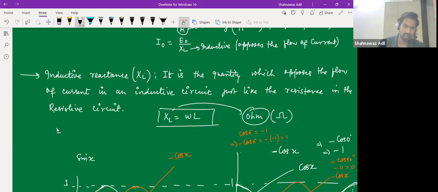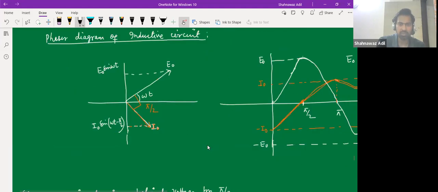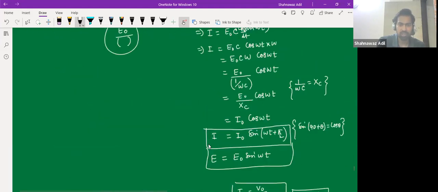Because E is E naught sine of omega t. So if your frequency is large, then resistance in the inductive circuit would be large. But in the capacitive circuit, that would be small. So these are the things that we concluded.